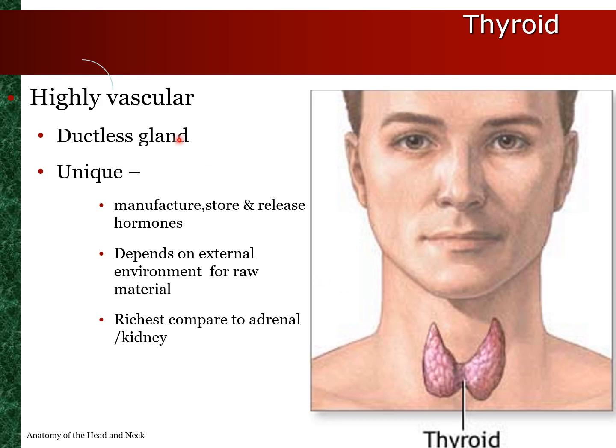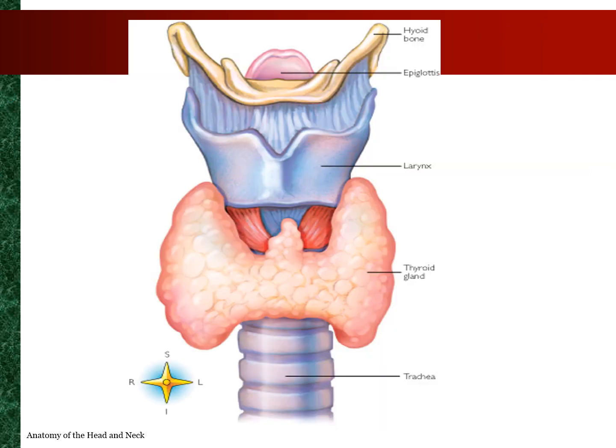It is a highly vascular ductless gland, unique in that it manufactures, stores and releases hormone, depends on the external environment for raw material, and is richest in blood supply compared to the adrenal and kidney. The thyroid gland is an important structure located in the midline, so remember any swelling at the midline.